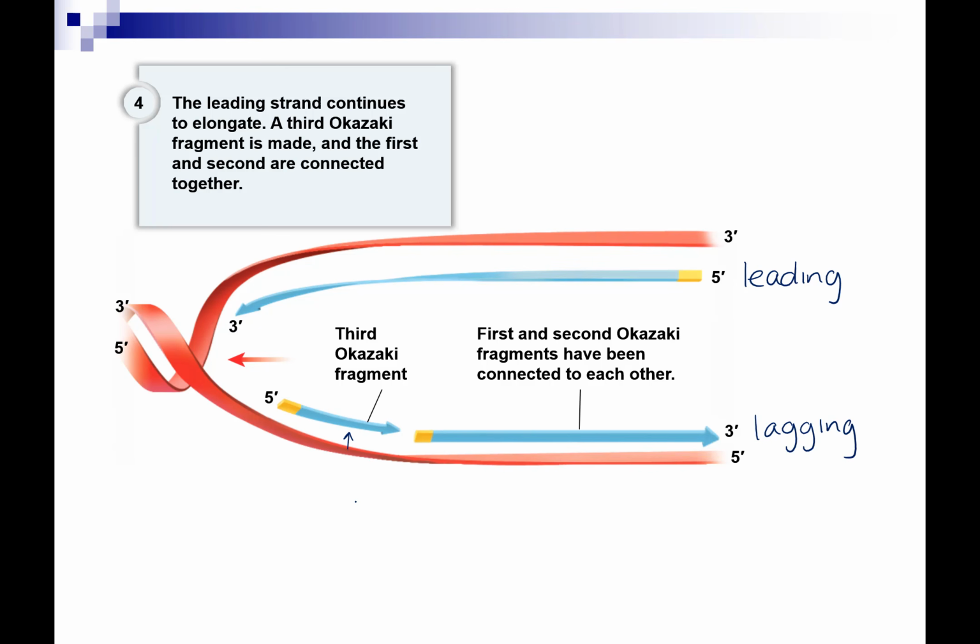And all of these small strands are called Okazaki fragments. So every time you have to restart DNA replication for the lagging strand, you make a new Okazaki fragment that eventually is joined together to make a complete lagging strand.